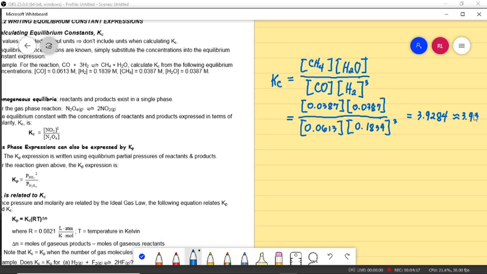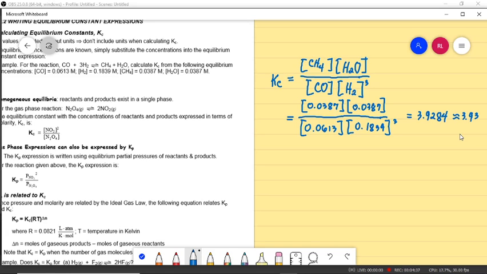How many significant figures? Yeah, 3 significant figures, because the least number of significant figures in the given quantities is 3. So our final answer must be rounded off to 3 significant figures.